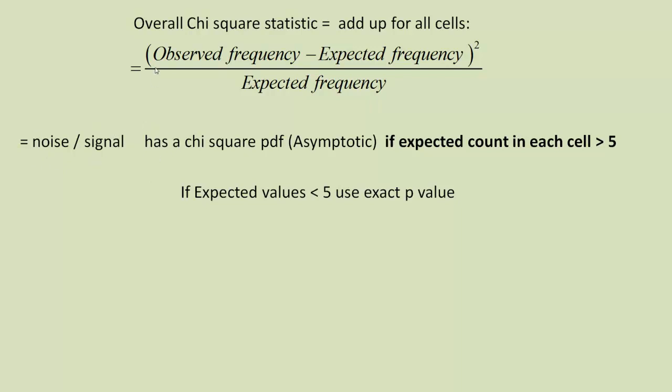And this particular value, if the individual cells follow the marginal values we expect, follows a chi-square probability density function. But this only follows this probability density function as the sample sizes get larger and larger. We say it's asymptotic.